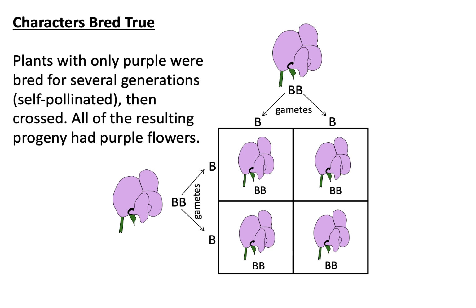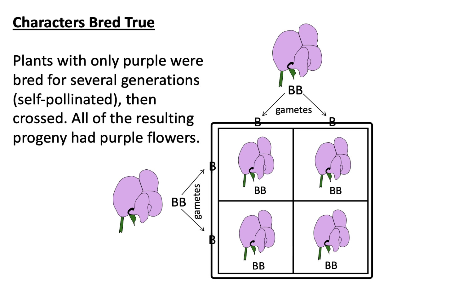So he started breeding just purple colored plants with purple colored flowers. And if he did this one cross after another from one generation to the next to the next, then those characters, in this case the purple color, would breed true. All of the progeny would have purple flowers.